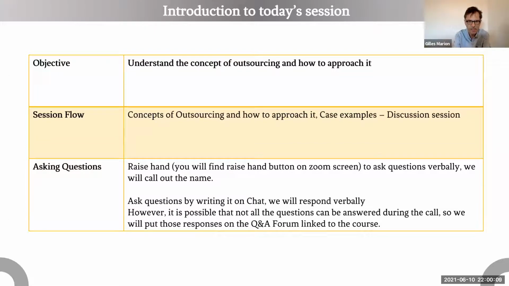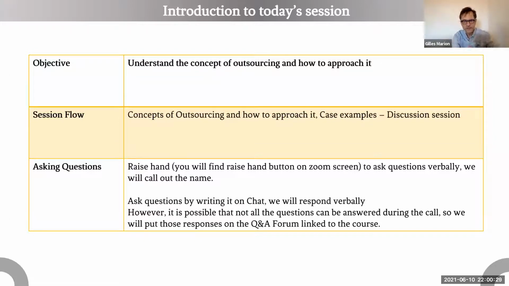So it's good that you challenge the interpretation we are giving, because there is not one size fits all. We are giving our interpretation and we are very happy to be challenged on that. And then moving on to the course.